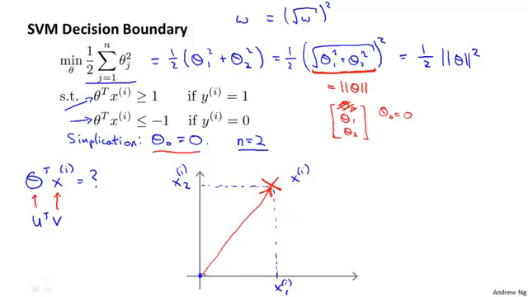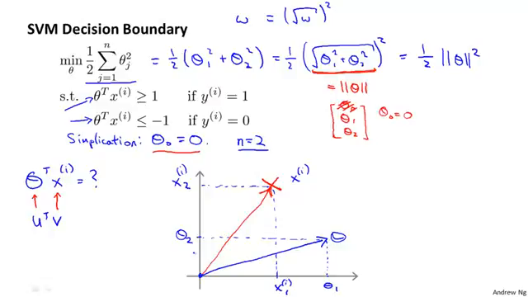And now let's say we have a parameter vector theta, and I'm going to plot that as a vector as well. What I mean by that is I'm going to plot theta 1 here and theta 2 there. So what is the inner product theta transpose xi?